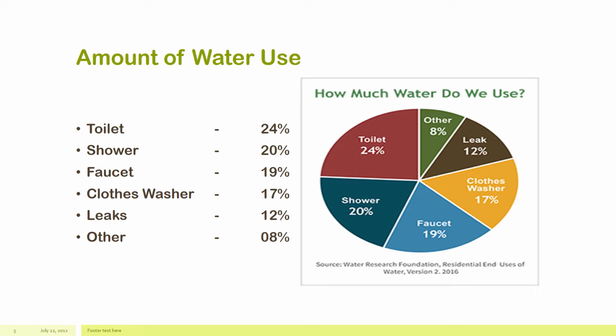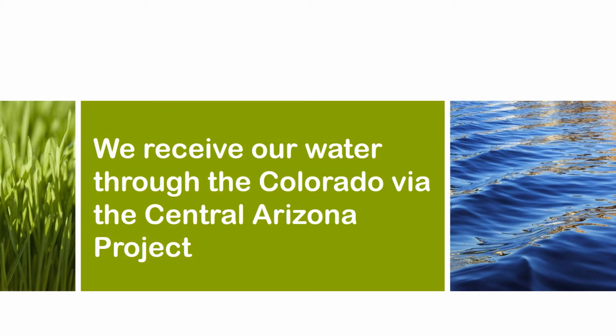Of the total amount of water that we use on a daily basis, 12% goes to leakages. And then we use 8% for other uses, like irrigation.